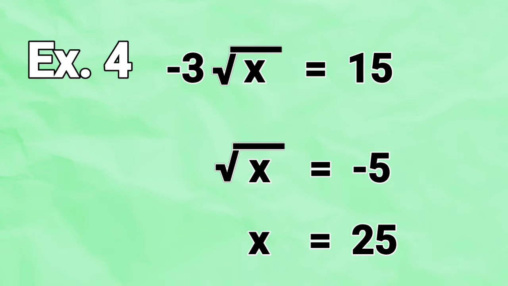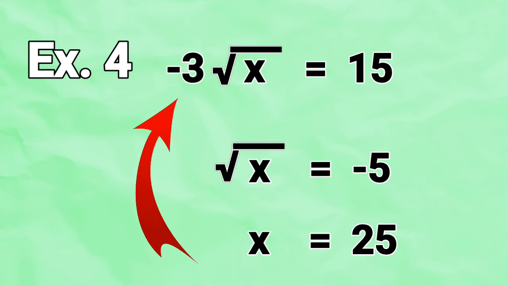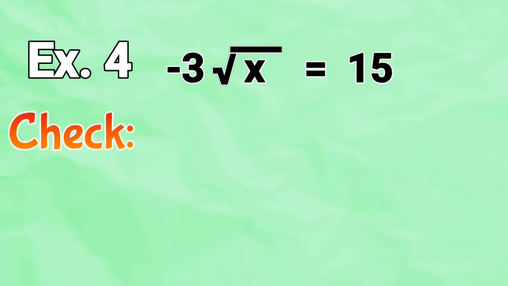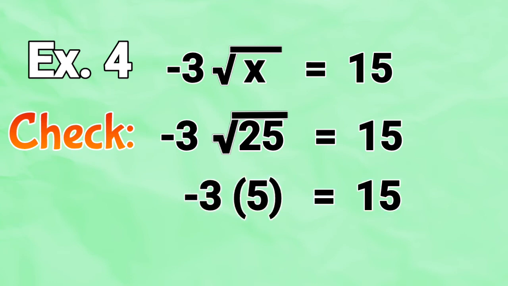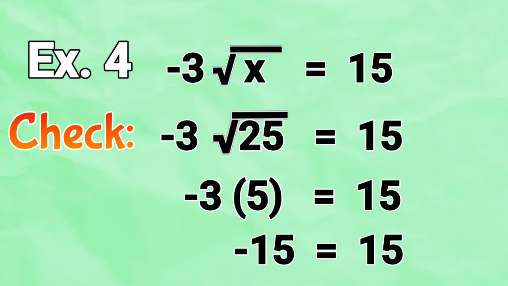So we'll go ahead and check our solution now by plugging the answer into the original equation. We replace x with 25, and once we simplify everything, we end up with something that isn't true. Negative 15 does not equal 15.